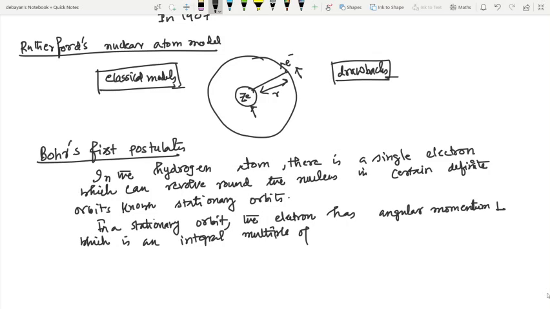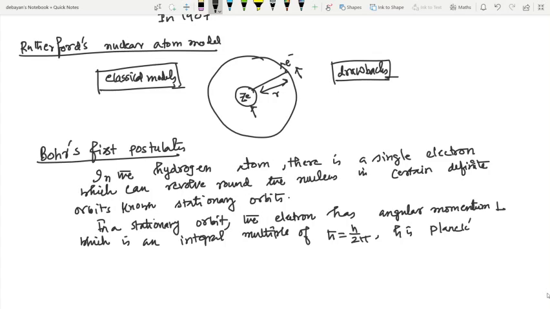H cross is nothing but h by 2 pi, where h is Planck's constant. So L is nothing but n h by 2 pi, or n h cross, where n is the quantum number, and of course the value of n is 1, 2, 3, and so on. That is the Bohr's first postulate.